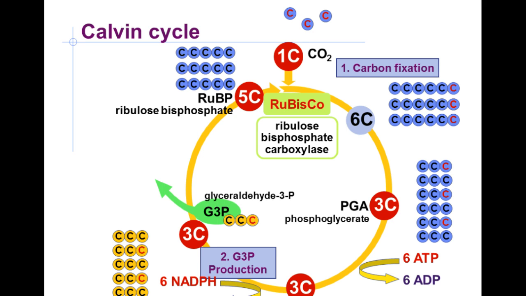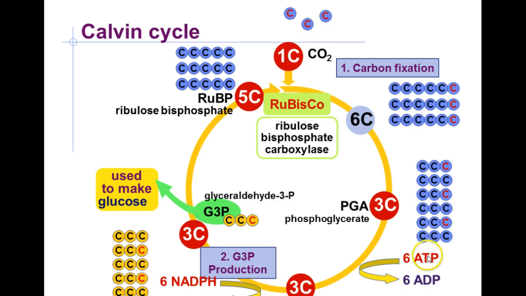You may see that on the test as well. So write that in your notes. So this G3P is also referred to as PGAL. So write that in your notes. PGAL is a 3-carbon sugar phosphate formed by adding a high-energy phosphate group from ATP.